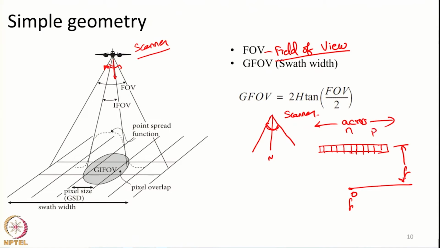Now if you have a push broom type of sensor with n detectors in the across track direction, what is the total angle subtended by the entire detector array? Say you have 100 detector elements in the across track, the total angle subtended by all these 100 detectors together on that single point of your optics is known as FOV, field of view. That will determine the total angle subtended by the entire sensor element on the ground at a time.